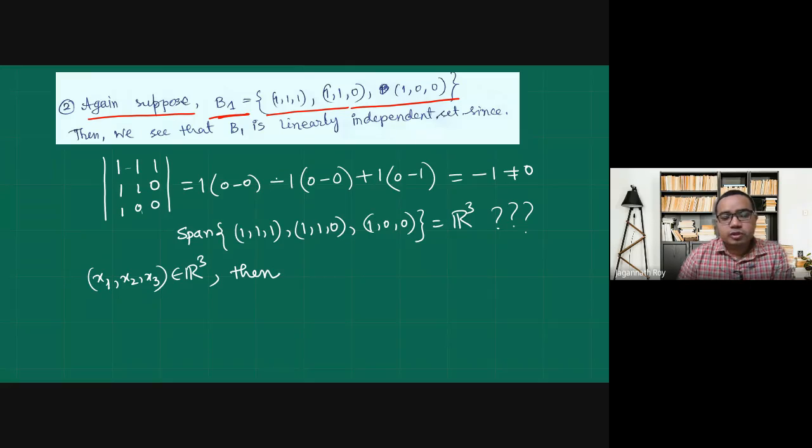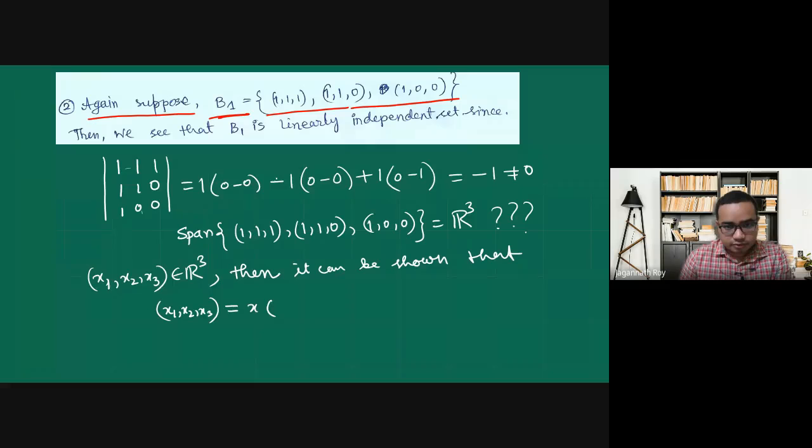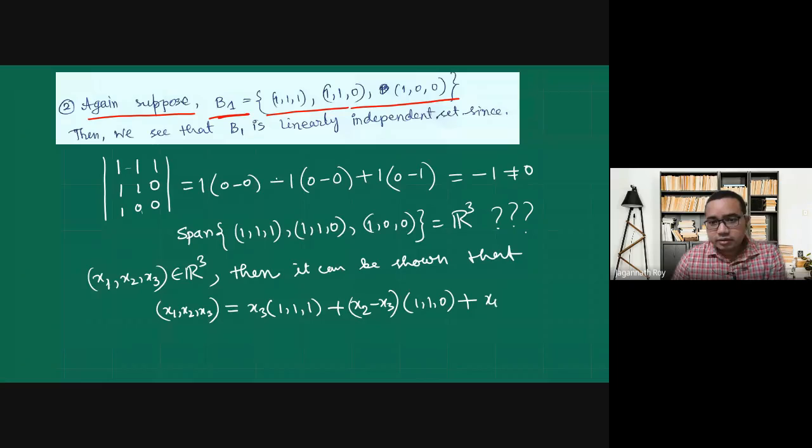Then it can be shown, it is an easy task, that (x1, x2, x3) is x3 times (1, 1, 1) plus (x2 minus x3) times (1, 1, 0) plus (x1 minus x2) times (1, 0, 0). Any vector can be written in this form.